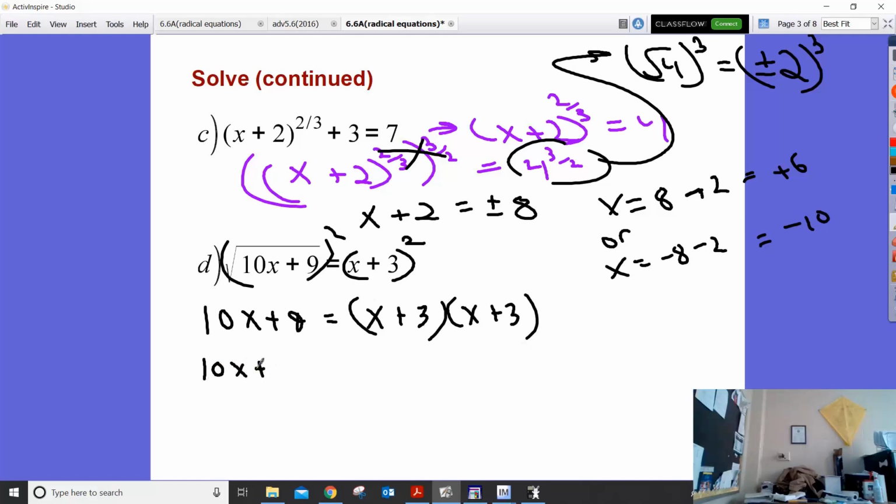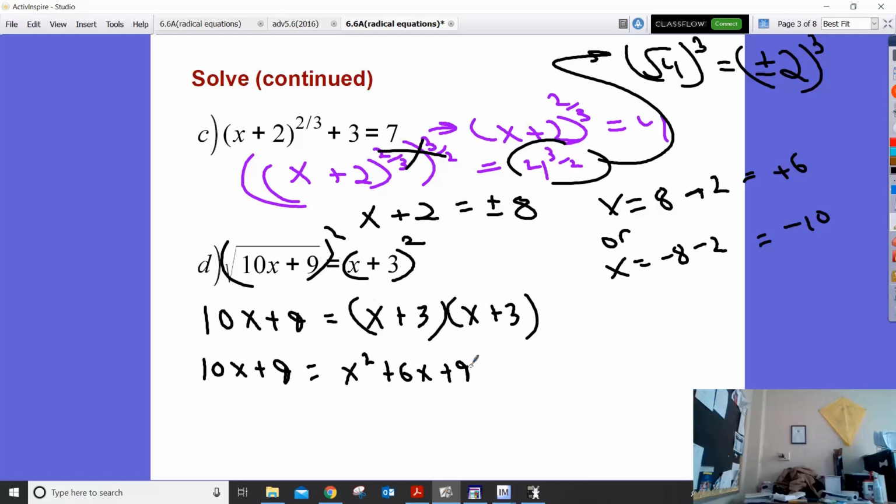No, it's flow on the right hand side. 6x squared plus 6x plus 9. All right, so you got a whole bunch of stuff. You got x's, you got x squared, you got numbers. What do you want to do with it?